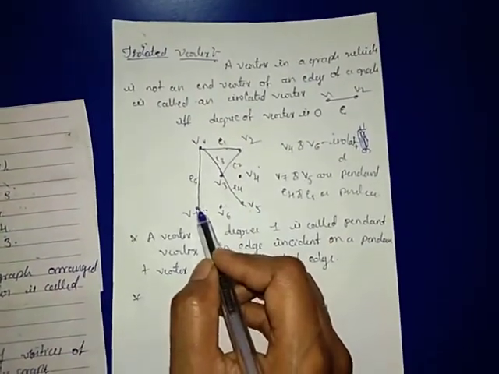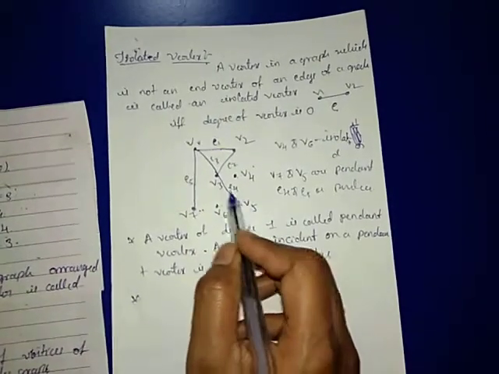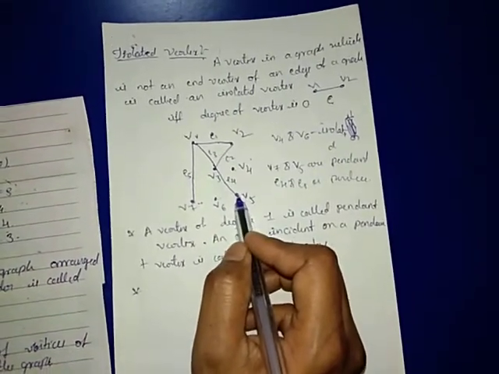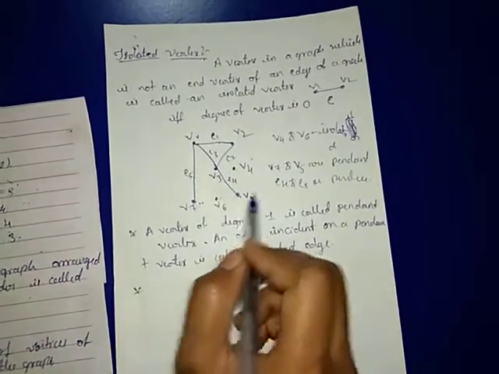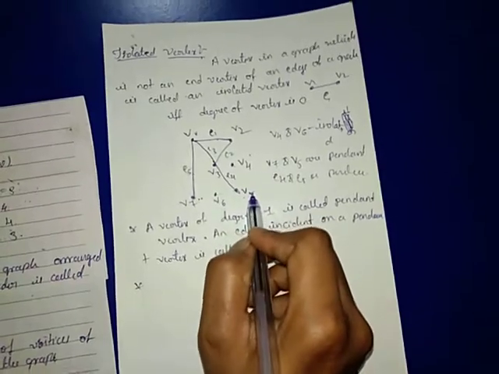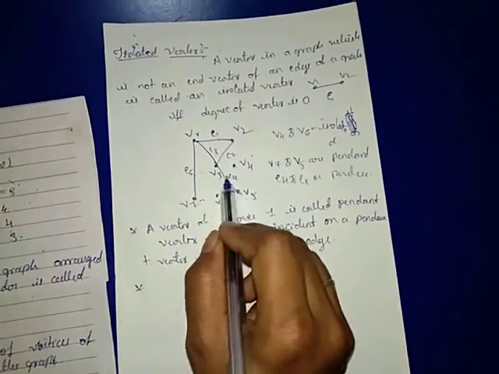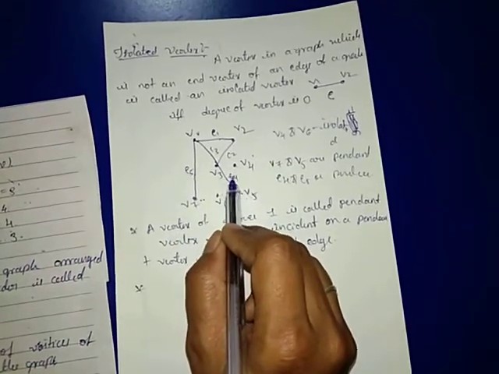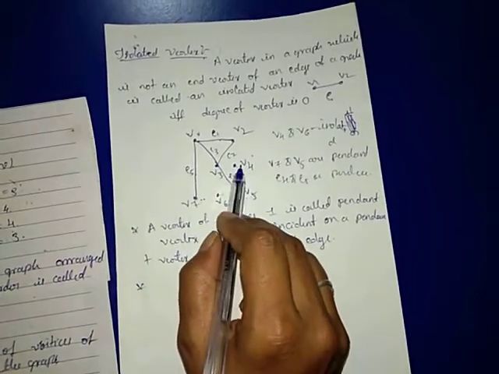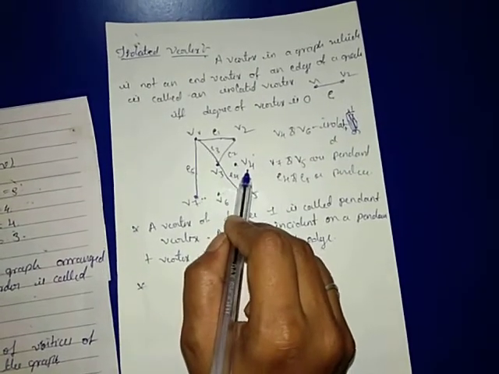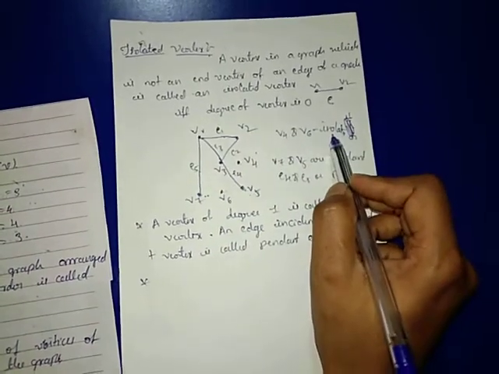Here, see this, the degree of this vertex is only 1, and here also the degree of this vertex is 1, meaning there is only one edge incident on the vertices V7 and V5. Therefore, these two vertices are called the pendant vertices, and the edges to these vertices, E4 and E5, are called the pendant edges. In this graph, V6 and V4 have degree 0. Therefore, V4 and V6 are called the isolated vertices.